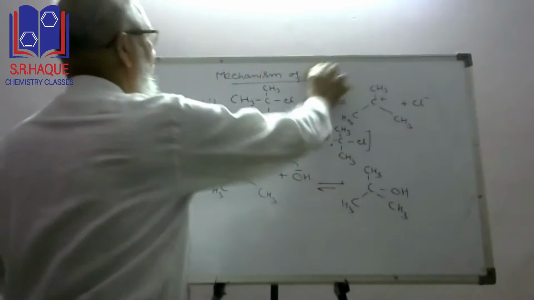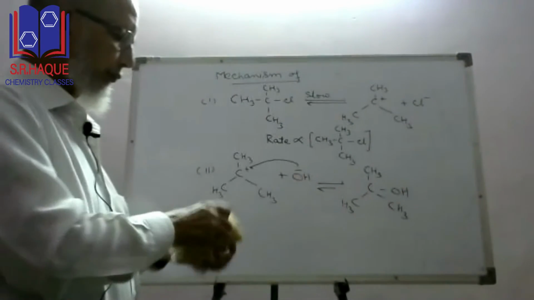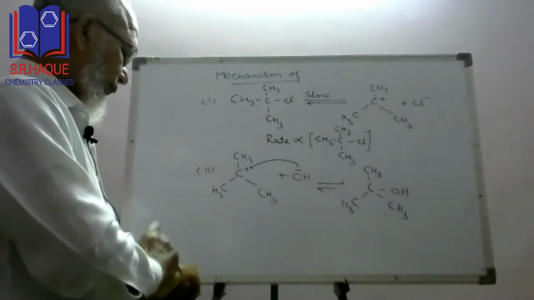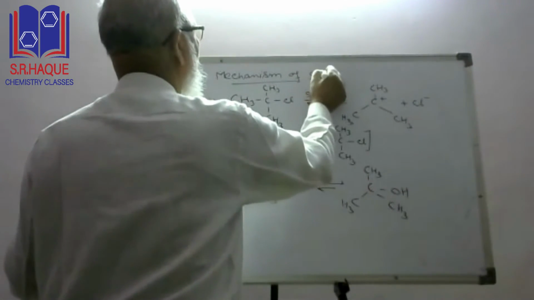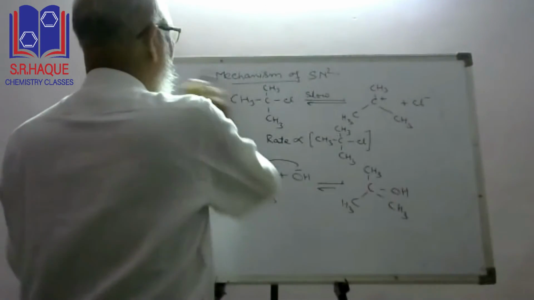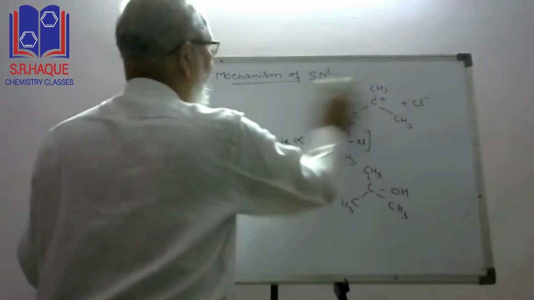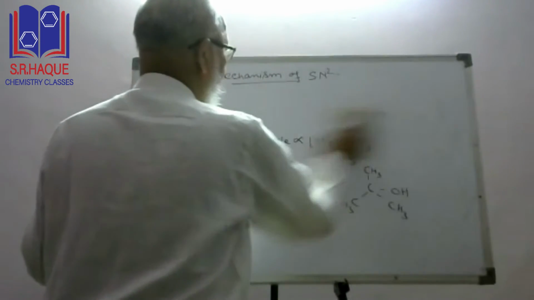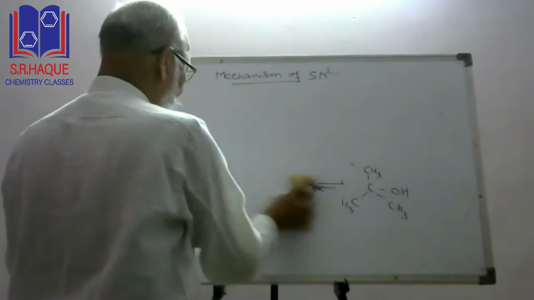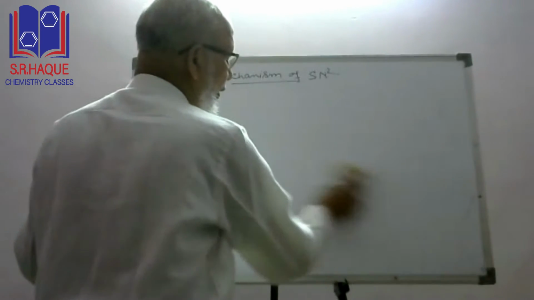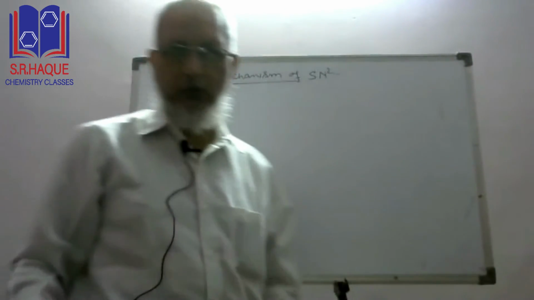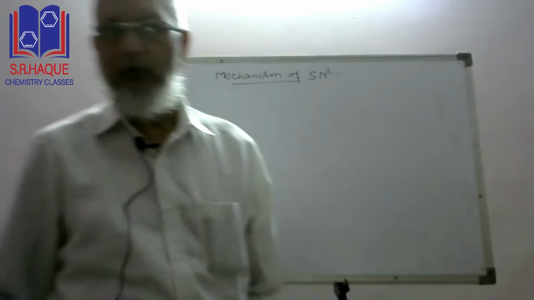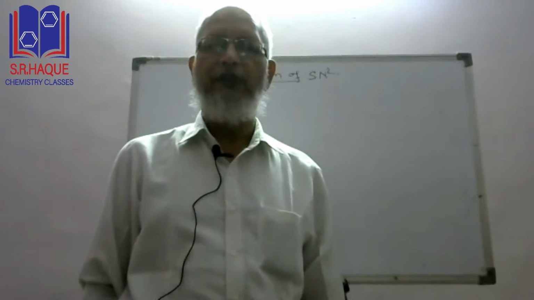Now let us see the mechanism of SN2 reaction. As I have told you, in SN2 reaction the rate of reaction is directly proportional to the concentration of two molecules, that is, one molecule of the alkyl halide and one molecule of the nucleophile.